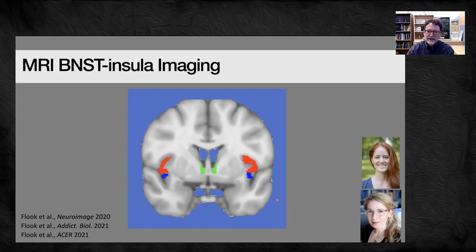And so we were excited to bring her on board. She spent quite a bit of time establishing baseline measures of the human BNST and the human insula in particular, verifying that she could observe structural connectivity between the human insula and BNST before moving on to an alcohol use disorder cohort.